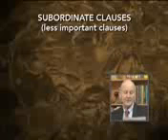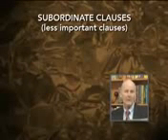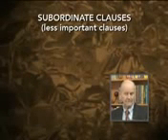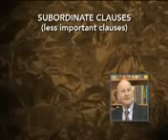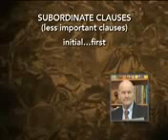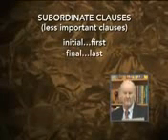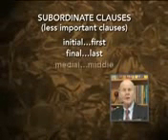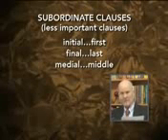Okay, now let's practice these verb tense combinations, past continuous tense with simple past tense. And let's also practice these three different subordinate clause positions. Subordinate means less important, right? So initial means first, final means last, and medial means in between, middle, right?